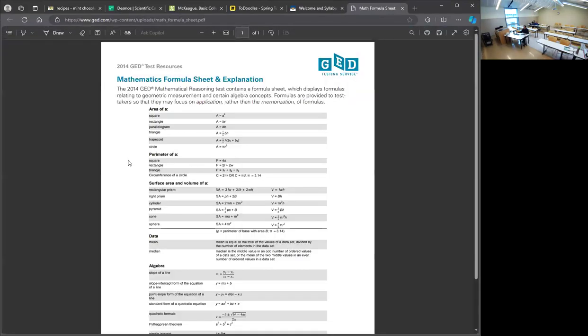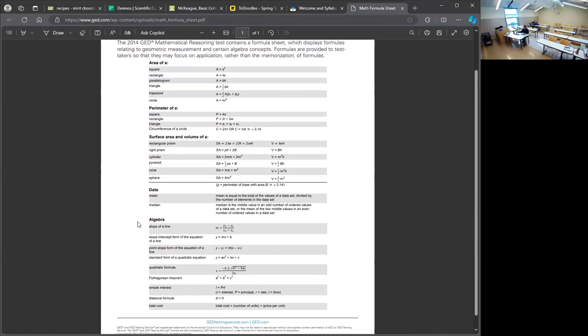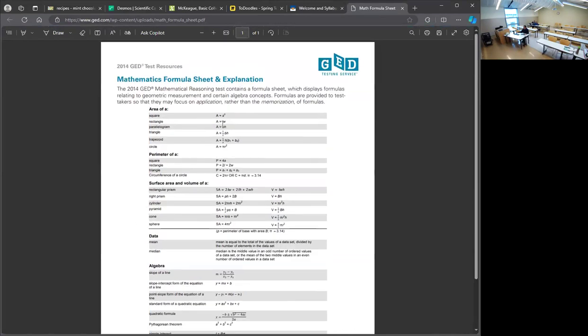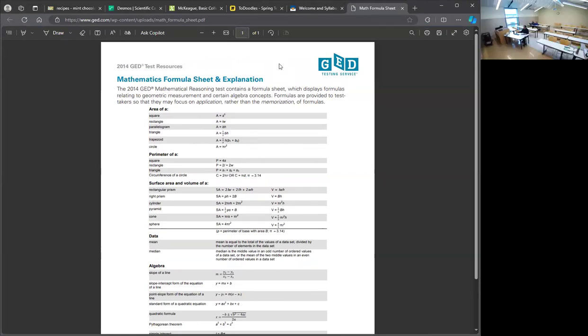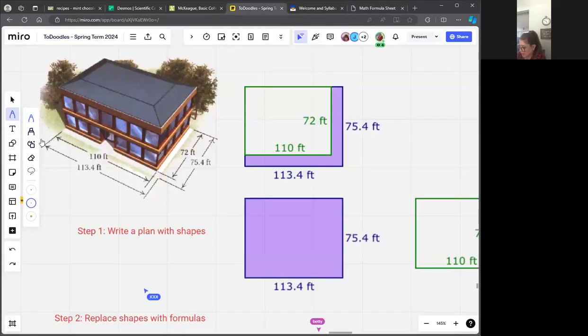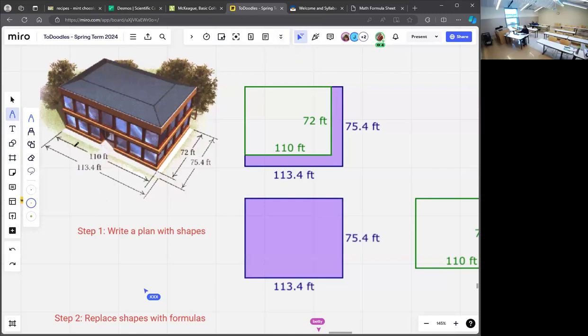So here's all the formulas we will give you in GED. You don't have to memorize the rectangle or triangle or any of these other areas. That's a good question. Okay. Got it. Thank you. They might ask you to do what we just did, of take an annoying 3D picture and turn it into a floor plan.